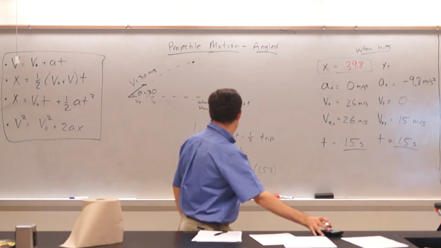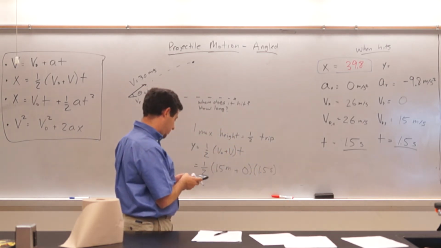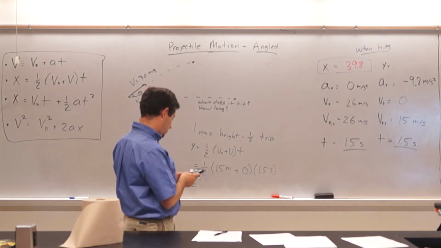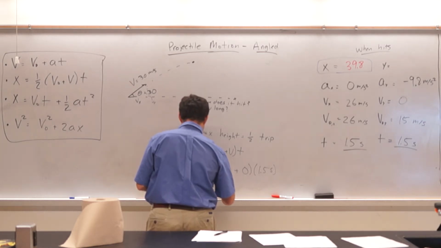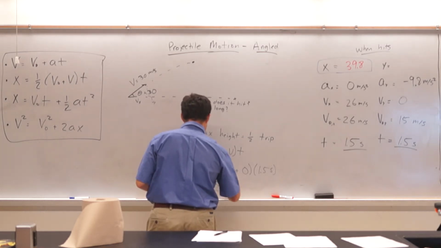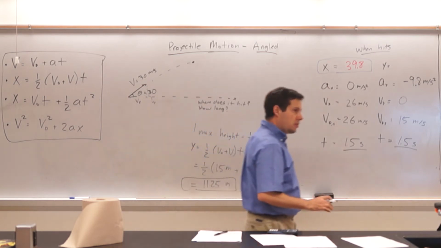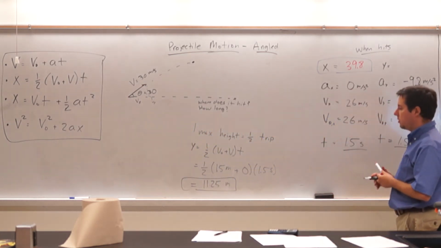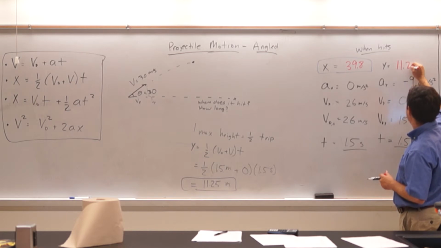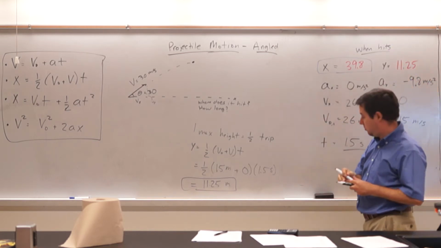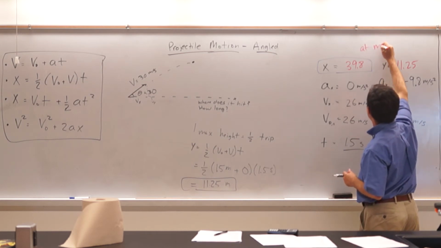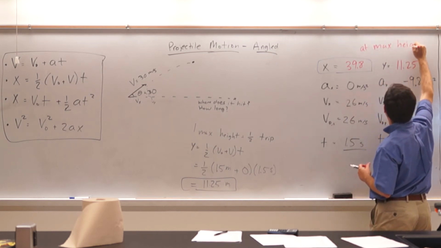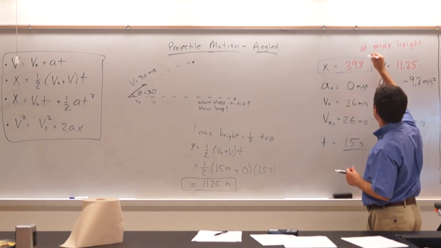So you end up getting 1/2 of 15 times 1.5, is 11.25 meters. So that's how high it goes at its maximum point. 11.25. And this is not when it hits, by the way. This is at the maximum height. Right now.